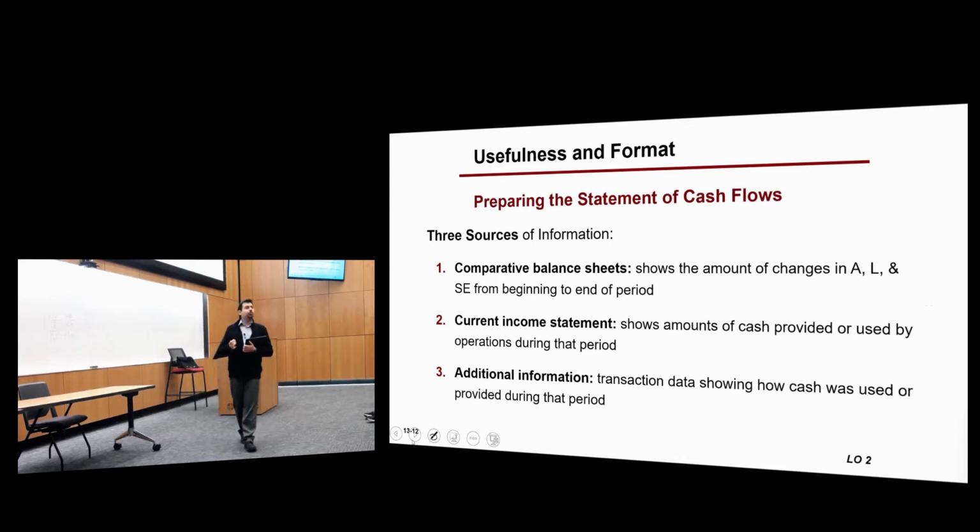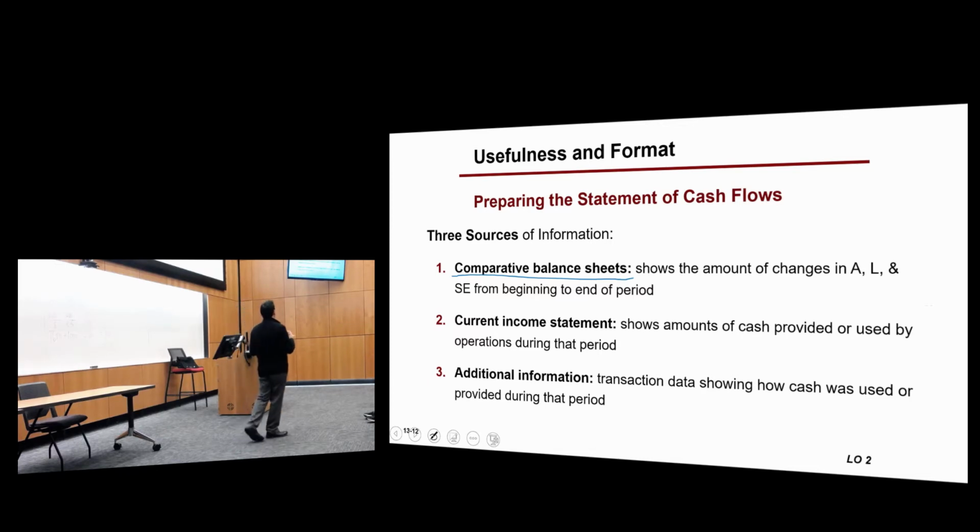In order to prepare the statement of cash flows, we need 3 main sources of information. You need what we call the comparative balance sheet. This is the balance sheet of this year and the balance sheet of last year. Why do we need that? One of them is cash. So you need to compare the changes in those accounts. How would you know that the company invested in a truck, in equipment? By looking at last year's balance and this year's balance.